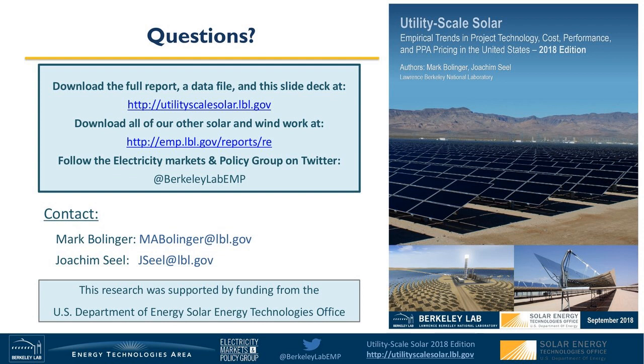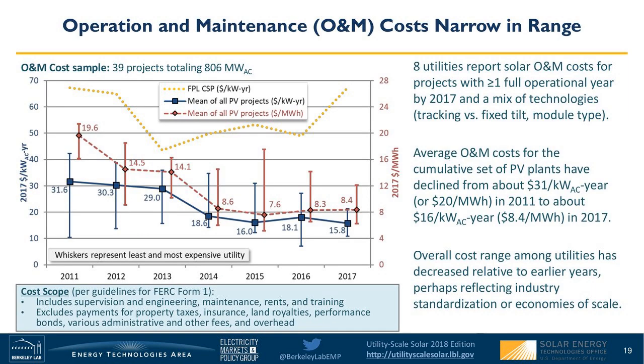Just to follow on that CSP topic, there was one person asking what this yellow line means, which I glanced over when I reported the operation and maintenance cost. That is the only CSP project that is actually owned by a utility, and that's an older project owned by Florida Power and Light.